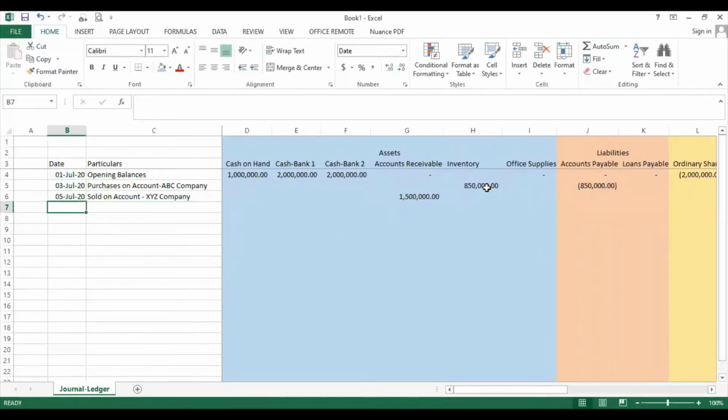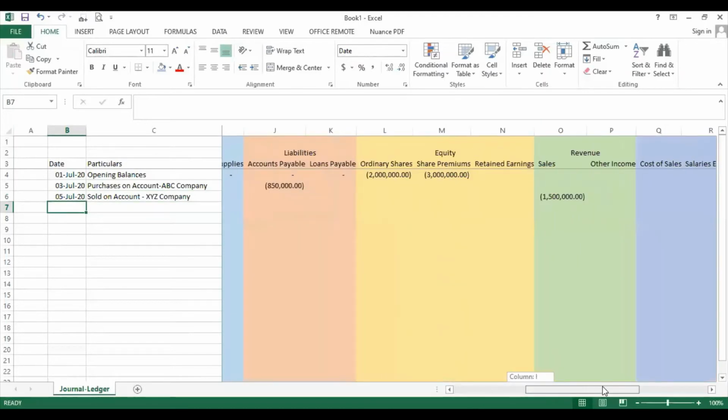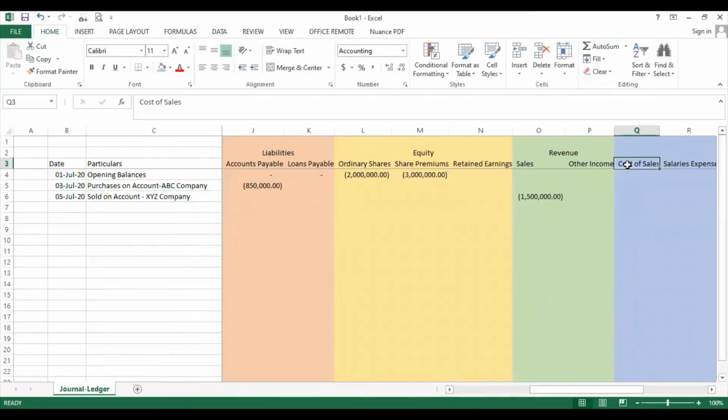Next, since we are using the cost of sales account here, that implies that we are using the perpetual method of accounting for our inventories.